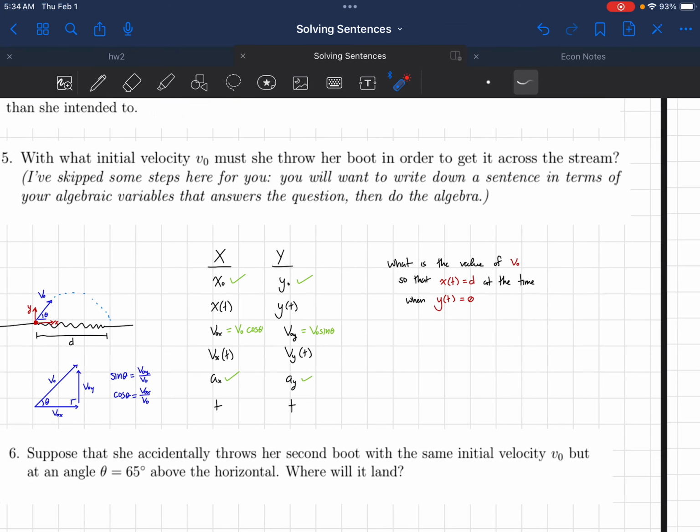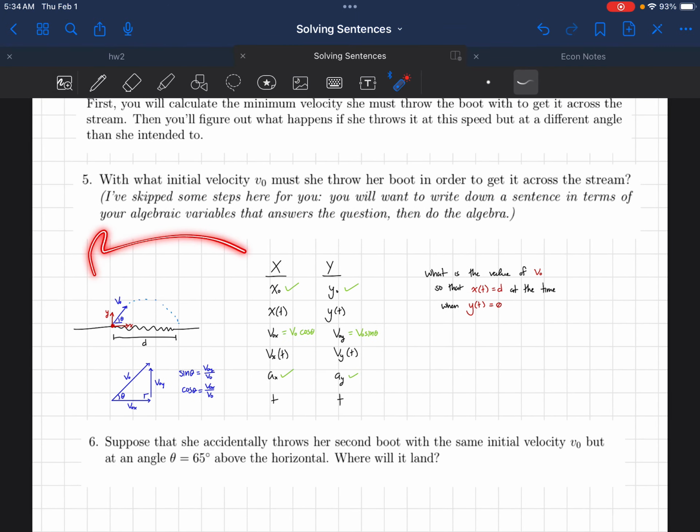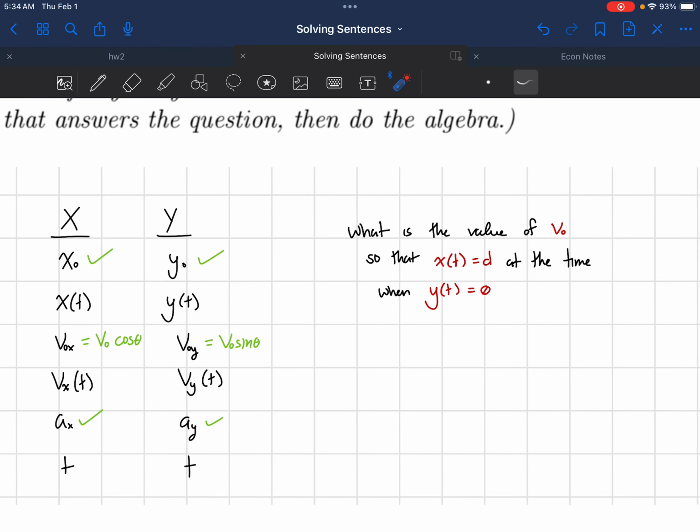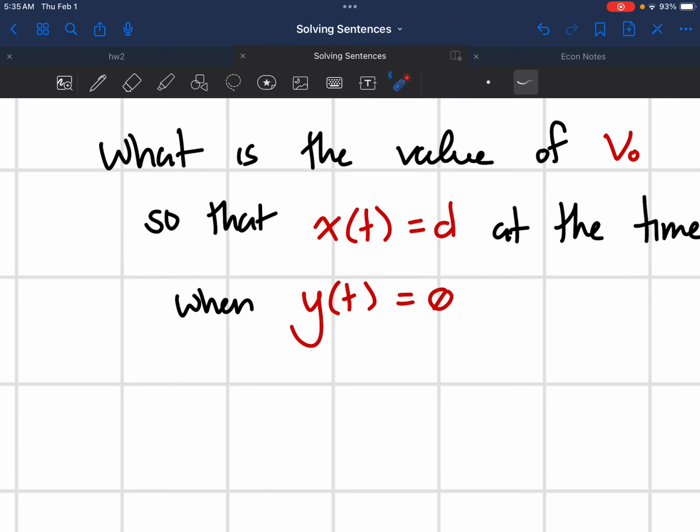And I follow the same procedure as the first part of the problem with Teddy the dog, where I solve for the time when y of t is 0, and I plug that into my x equation set equal to d. Because I'm finding the time when y of t equals 0, if I were to get a value for that time, then I would be plugging a number into x of t.